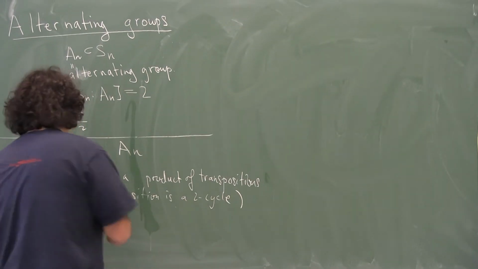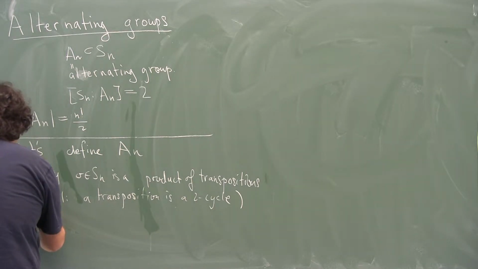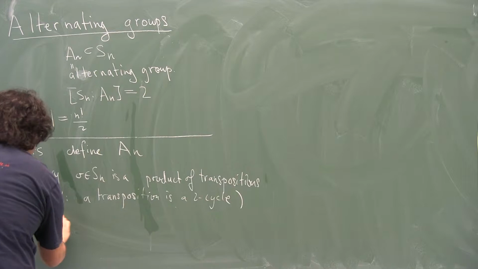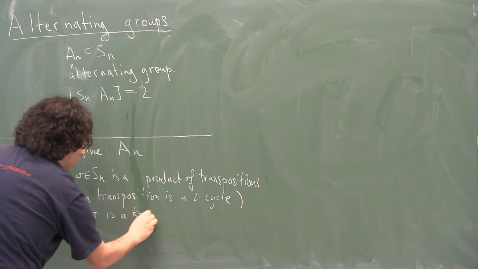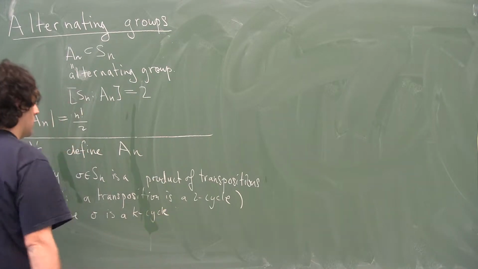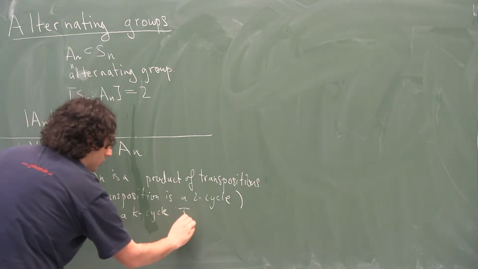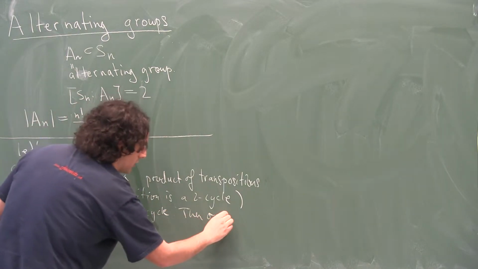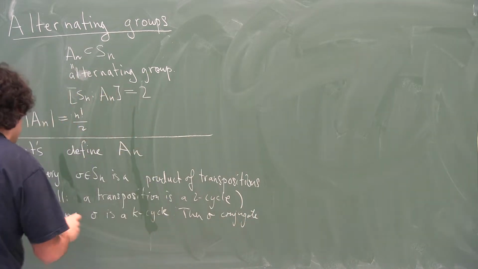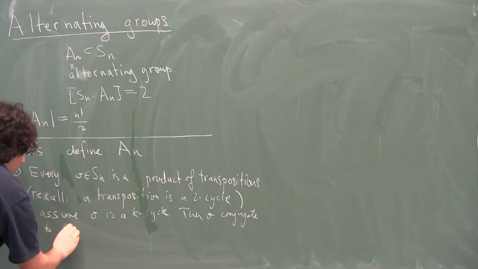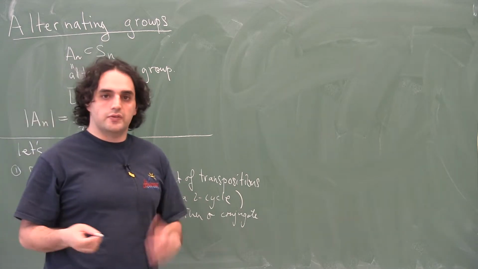Now, assume sigma is a k-cycle, then sigma is conjugate to our favorite k-cycle (1, 2, up to k), because we know that any two k-cycles are conjugate.